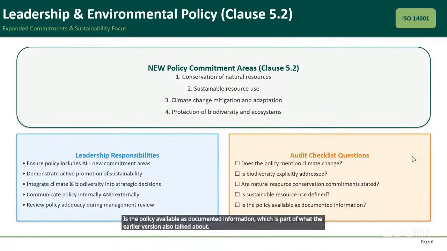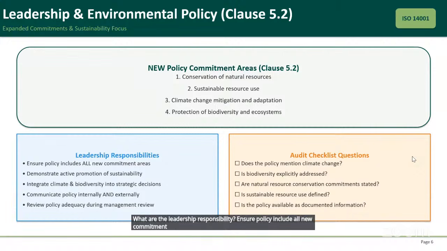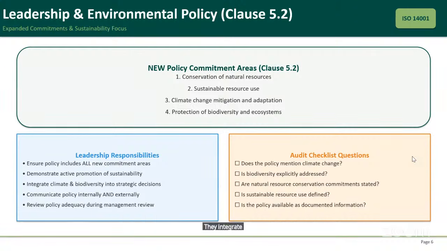Now, leadership responsibility. What do we expect from the leaders? Ensure the policy includes all the new commitment areas that I have mentioned. Then demonstrate active promotion of sustainability. Sustainability is now the order of the day. They must be deliberate about building a sustainable business when it comes to environmental sustainability. Then integrate climate and biodiversity into the strategic decisions they make.